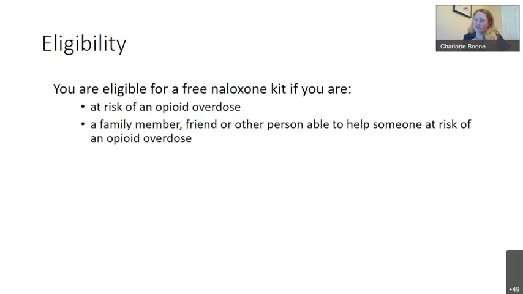Also eligible for the free kit is any family member, friend, or other person able to help someone at risk of an opioid overdose. And I would argue that as people who are citizens of the city and walk around and interact with people, anyone really could fall into the other person able to help someone at risk of an opioid overdose.